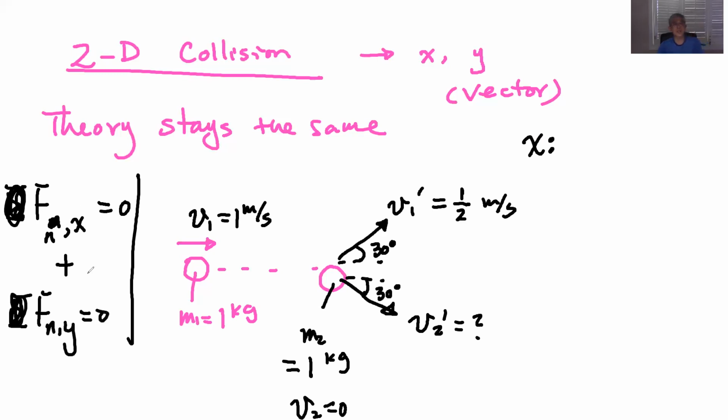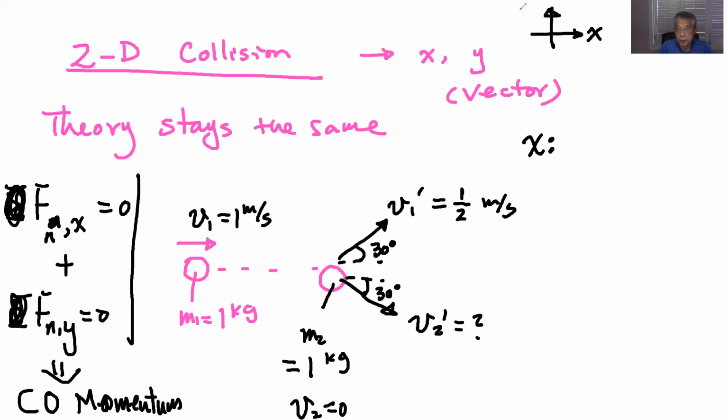So both of them have to be true. Then we can apply conservation of momentum, all right? So let's look at x now. So x is this direction, and y is this direction, right?